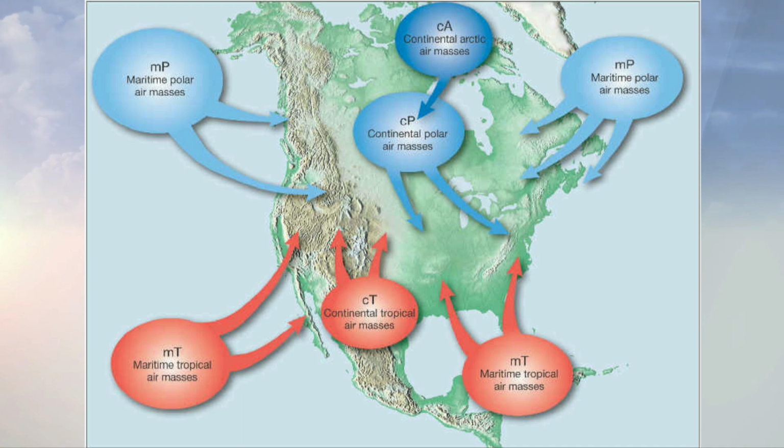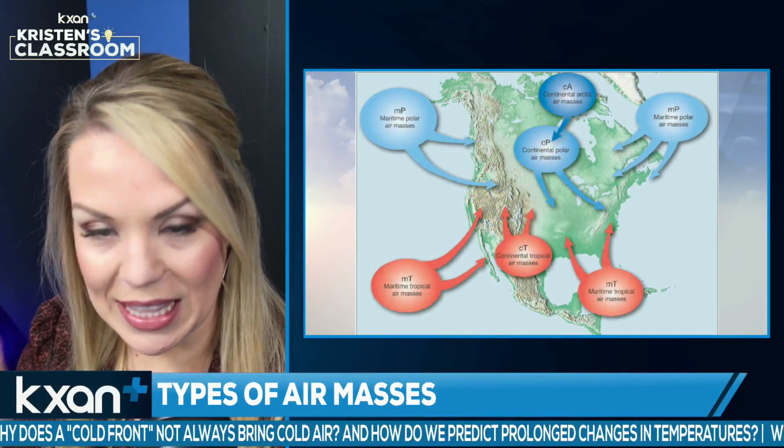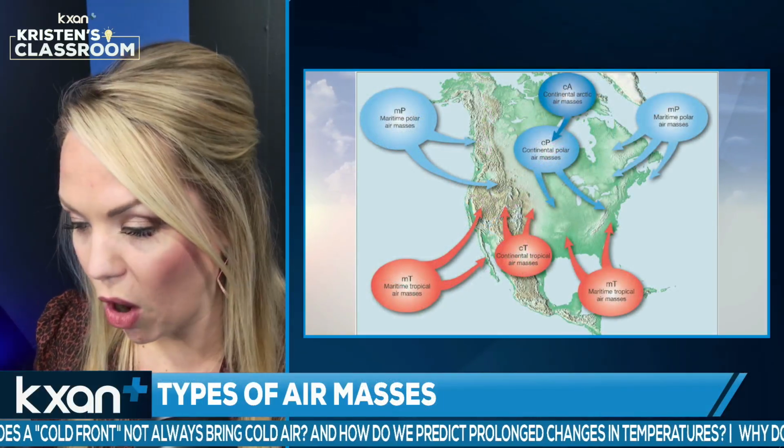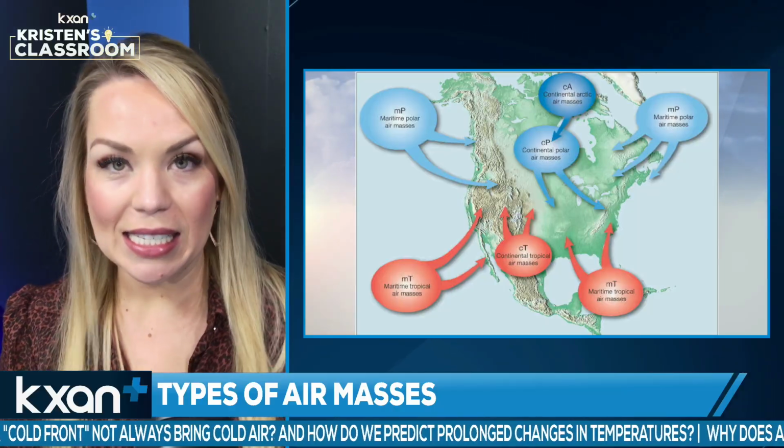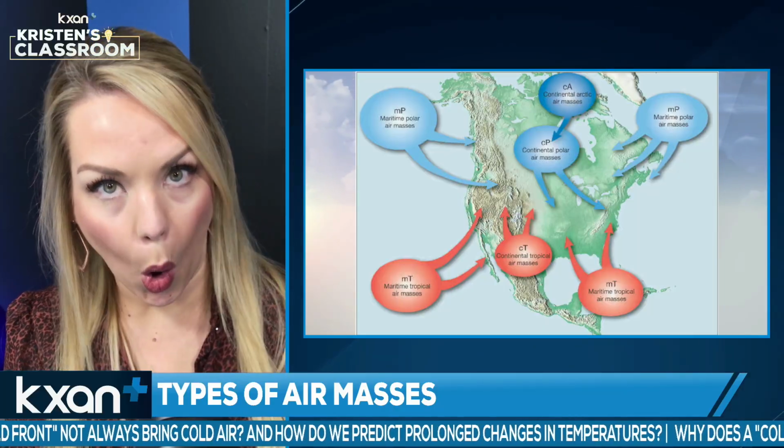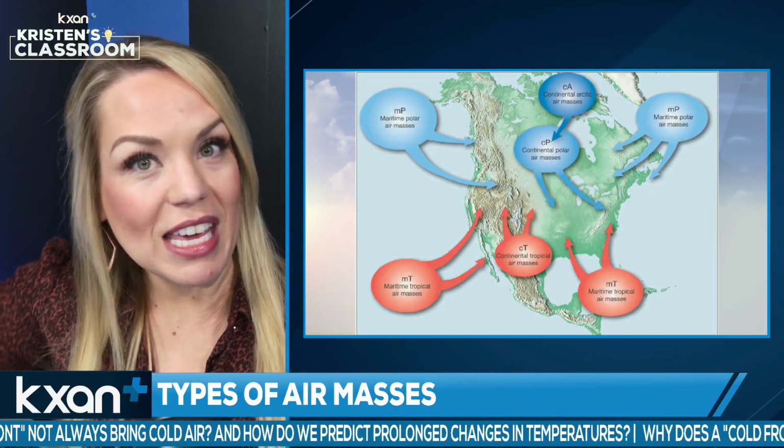As far as that second letter goes, it plays into where it originates and the type of air you would think, the temperature of the air, that it would be in that area. So for example, the easiest one is the cA, continental Arctic. That uppercase A stands for Arctic. That means it's an air mass that started over land up in the Arctic.